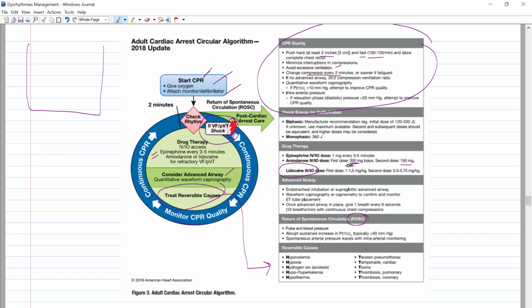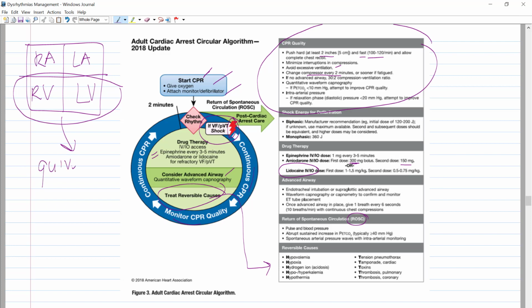So I'm going to draw here. I just want to make sure this is understood. This is your right atrium, left atrium, right ventricle, left ventricle. With pulseless VTAC and VFIB, you have to look at the ventricles. What's going on in the ventricles? What's happening is that the ventricles are quivering. So it's still there.